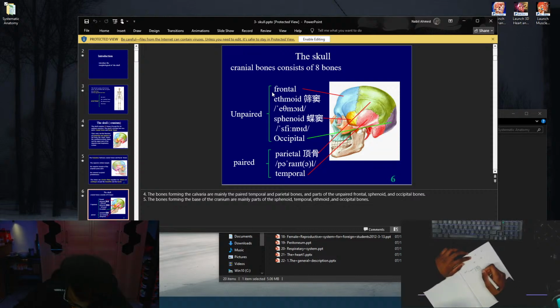Then you've got the paired ones, the parietal and then the temporal.